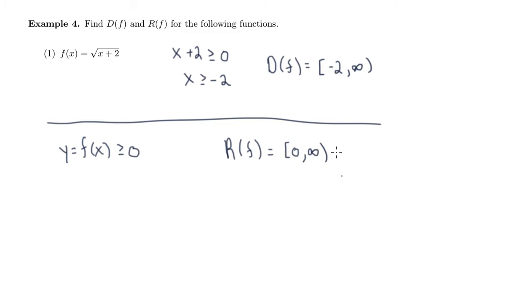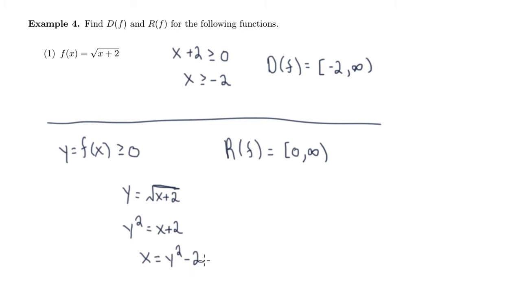To actually prove that the range is this set, I need to take a y in this set. So if I take a y here, and I set it equal to square root of x plus 2, so this y is just going to be a number between 0 and infinity. Well, if I square both sides, I get y squared is equal to x plus 2, or in other words, x is equal to y squared minus 2.